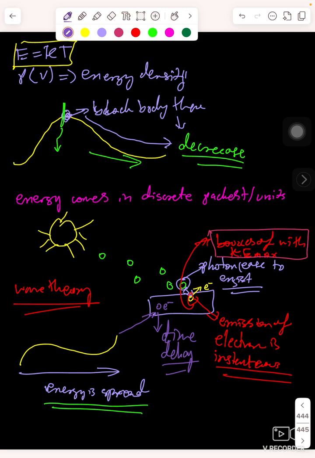That means there would be a long wait before the electron could be released, which is not possible because experiments show that electrons are released instantly. So that's the reason wave theory doesn't apply to the photoelectric effect. Only the particle theory does.